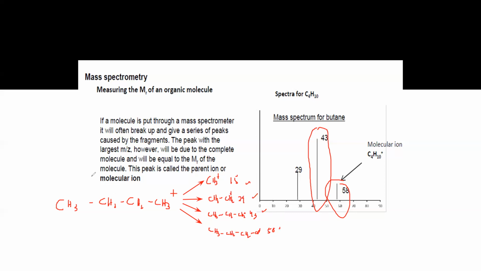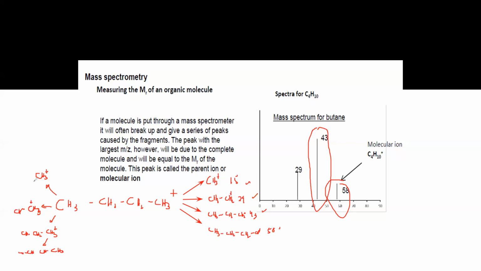If we break from the right hand side, it will be identical because the molecule is symmetrical. CH3 will be there, that's 15, or CH3CH2, or CH3CH2CH2, or it might break into CH3CH2CH2CH3.